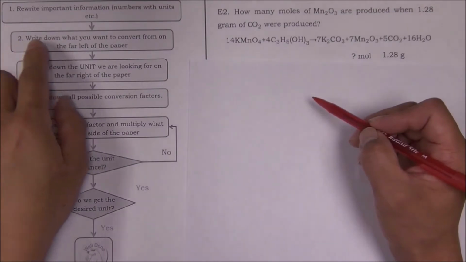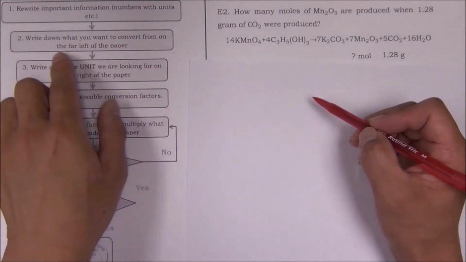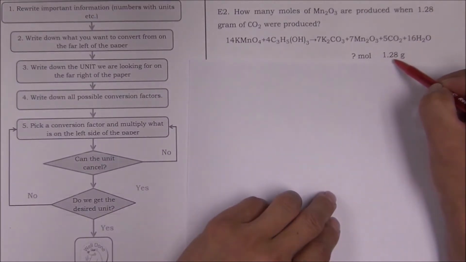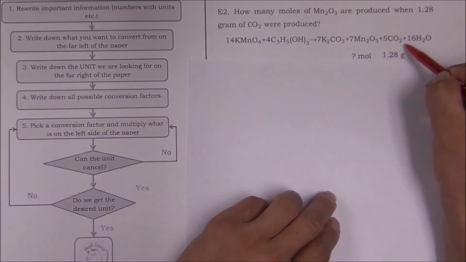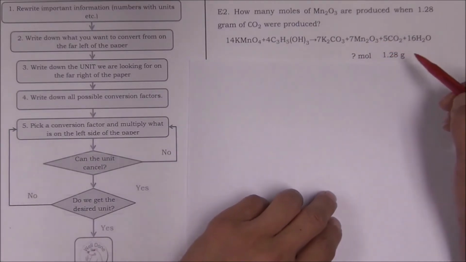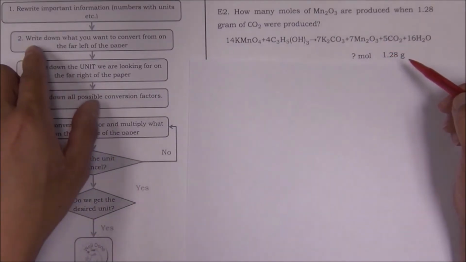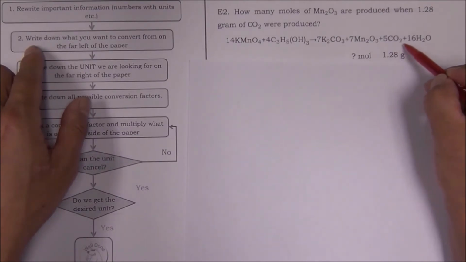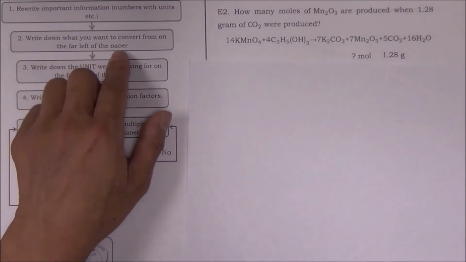Step 2. Put down what you want to convert from on the far left of the paper. We want to convert 1.28 gram carbon dioxide into mole Mn2O3. According to the instruction in the flowchart, we need to put down 1.28 gram carbon dioxide on the far left of the paper.